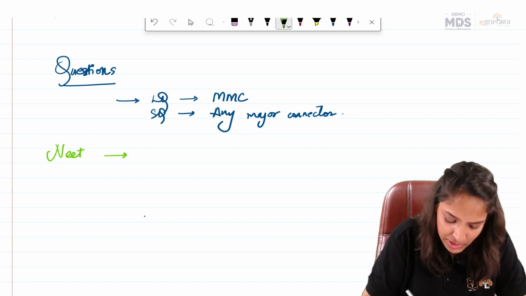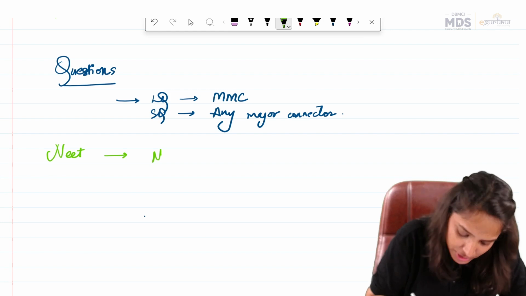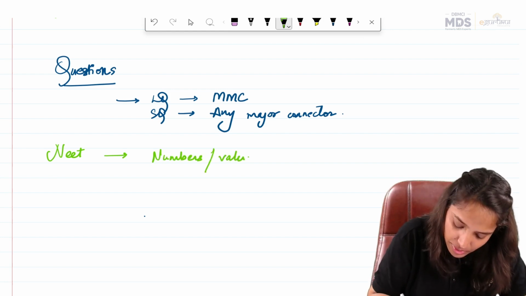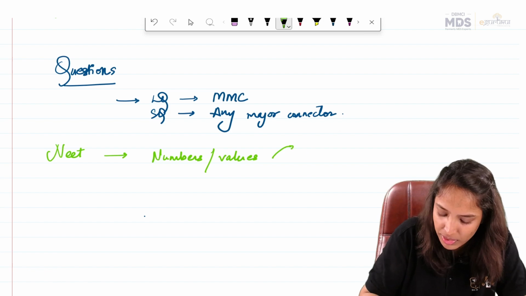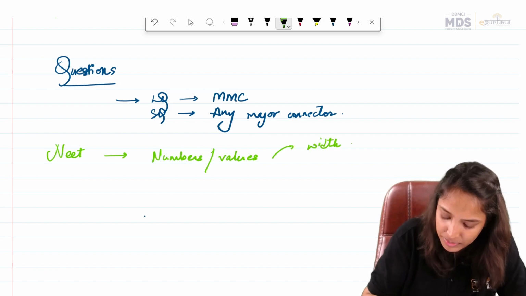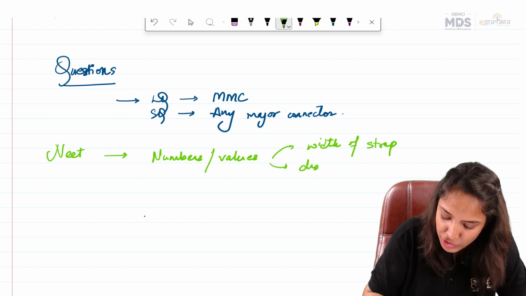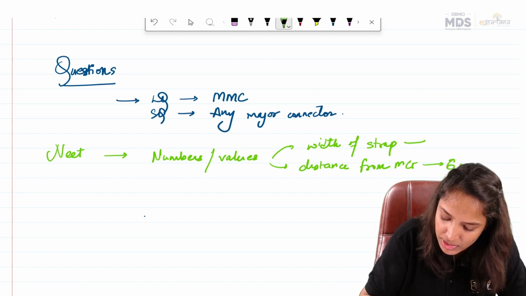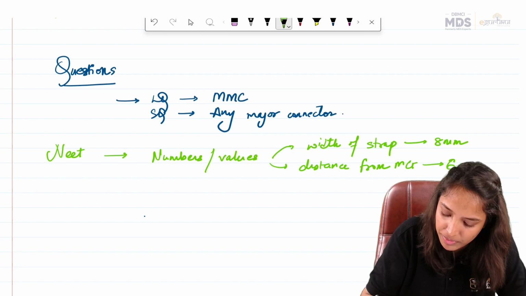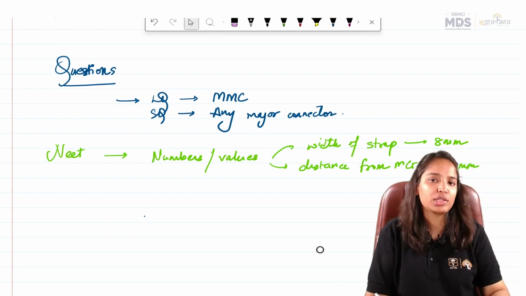MCQs what can arise? First is numbers or values, which means your width of strap or distance from marginal gingiva. This is your 6 millimeters, this is 8 millimeters minimum, all of these numbers and values.